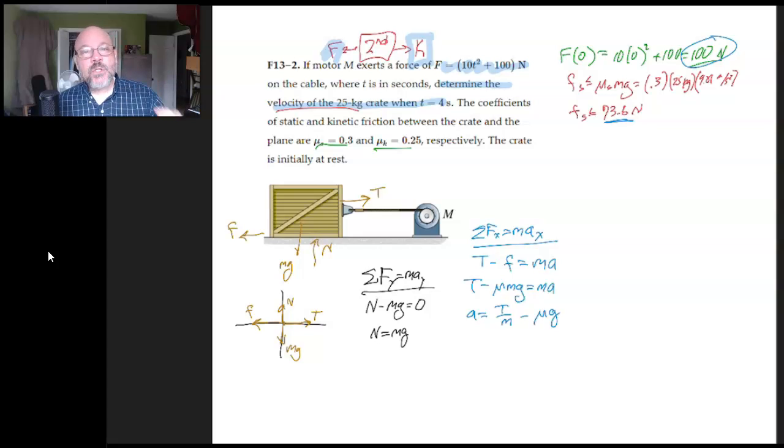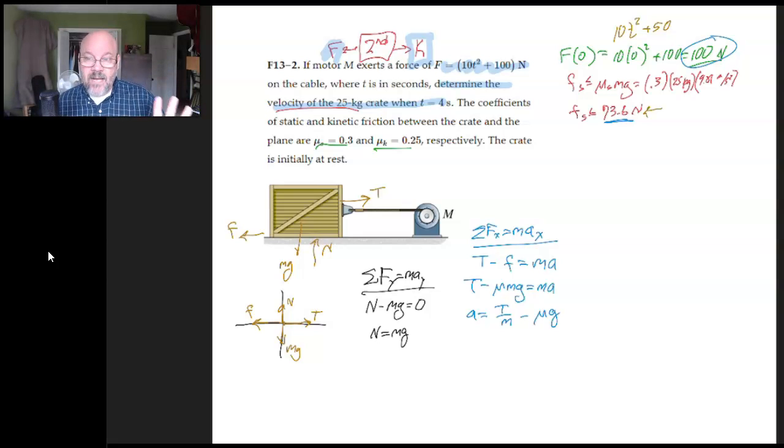All right, now you need to go through this kind of a process every time. Don't just assume that it's going to work out like this, because let's suppose, for example, that they had written our force as maybe still 10t squared, but instead of plus 100, what if it's plus 50? If it's only plus 50, that would not be enough to overcome that.